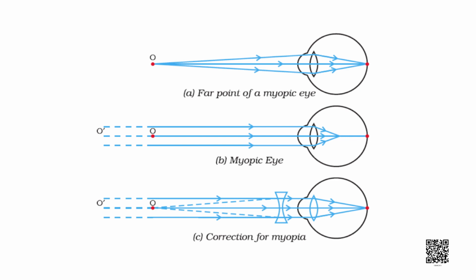Summing it up, myopia: far point comes closer, image is formed in front of the retina, corrected by a concave lens.